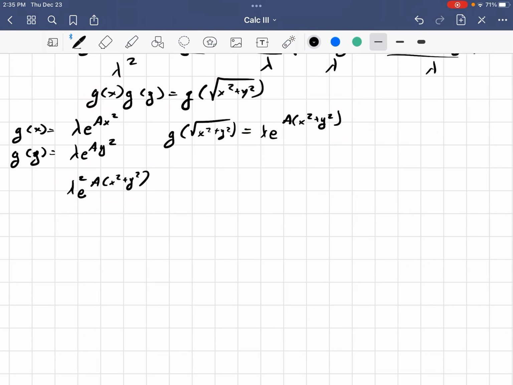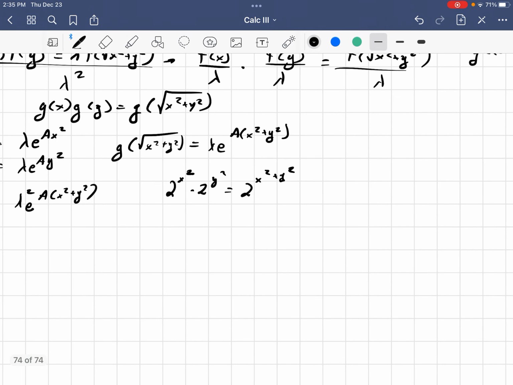And now you might be saying, well, what about, for example, if I use a different base other than e, like 2 to the x squared, right? 2 to the x squared times 2 to the y squared is 2 to the x squared plus y squared, and yes, that satisfies that relation, right?